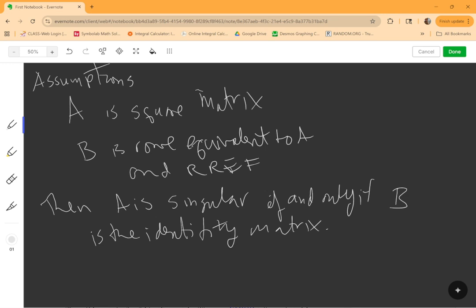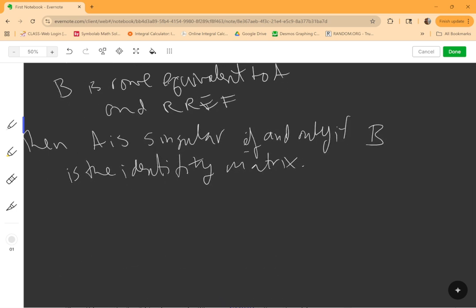Just keep in mind that when I say if and only if, it means that our implication statement holds: if A is non-singular, then B is the identity matrix.